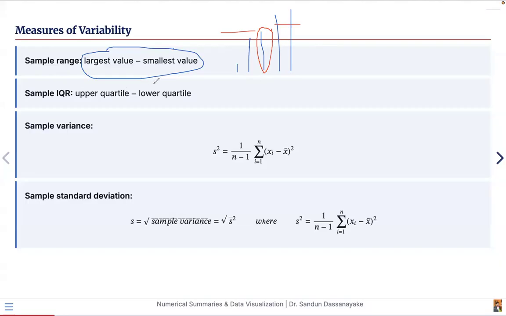Now, the quartile. Here what we do is divide the sample into 2 equal sections, where the number of items in the divided sections would be equal. In the case of quartiles, we do it for 1/4 of it.